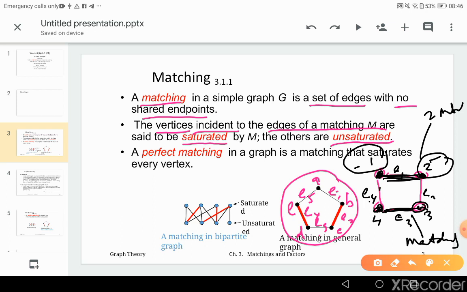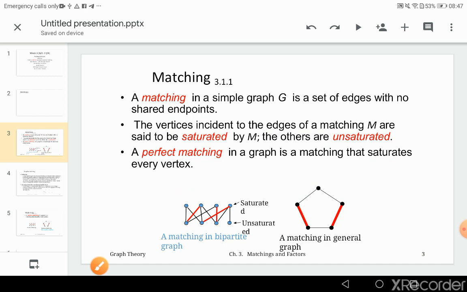Vertex A is incident with E1 and E2. I think you remember incident. So A is incident to E1 and E2, and so it is said to be saturated by the matching M. And we have a perfect matching, which is a matching in a graph that saturates every vertex.